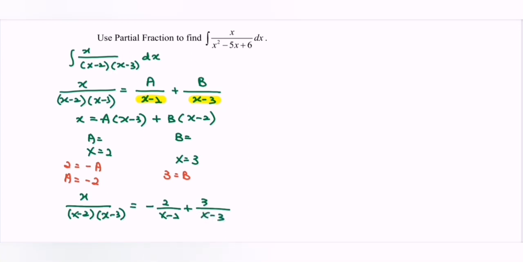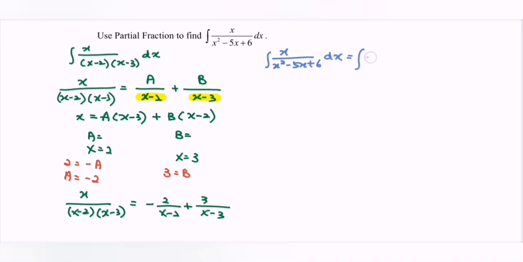Kindly refer to the question. Here we have the integral of x over (x squared minus 5x plus 6) with respect to x, which can be rewritten as the integral of negative 2 over x minus 2 plus 3 over x minus 3 with respect to x. Focus on the situation where we refer to the basic method of integration: negative 2 ln of (x minus 2) over 1.